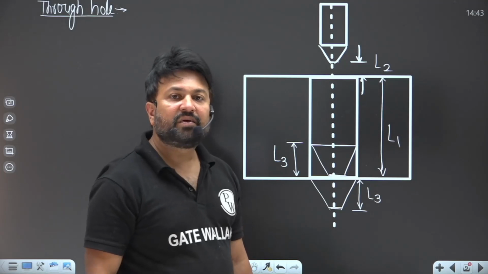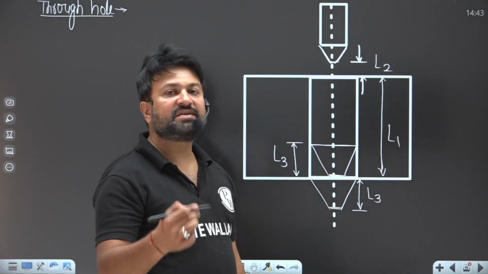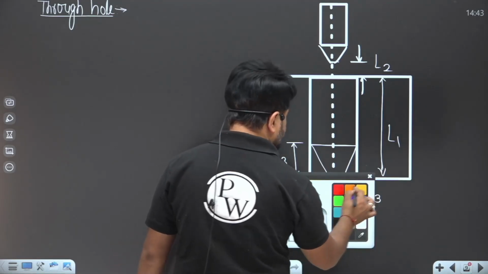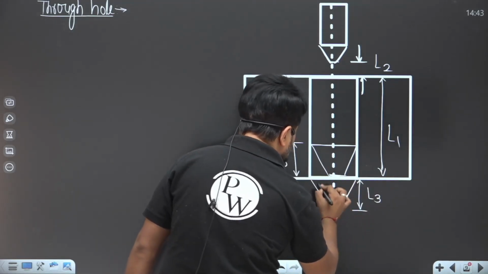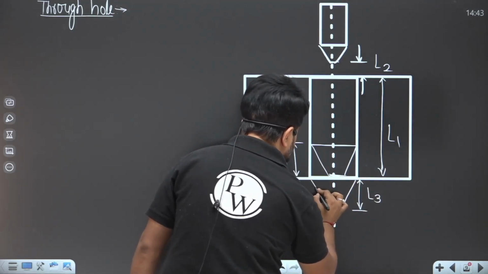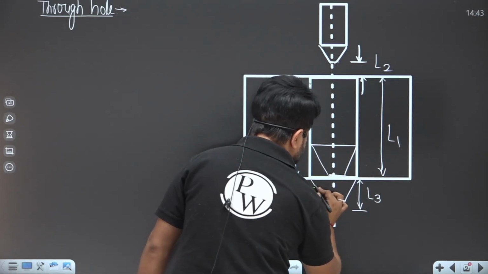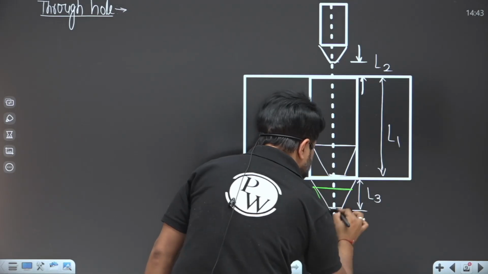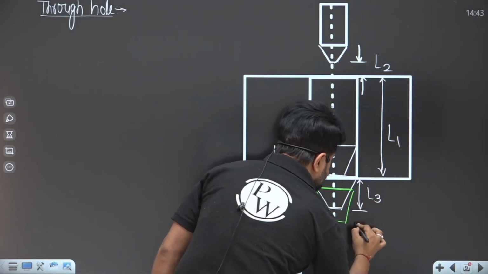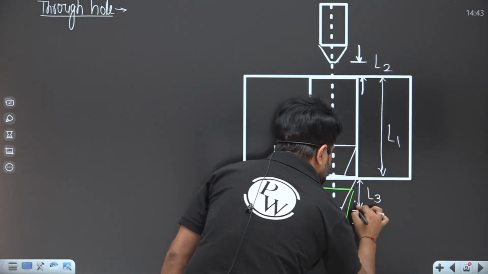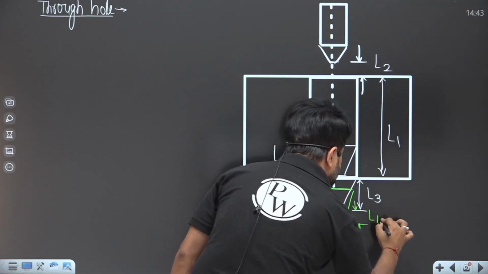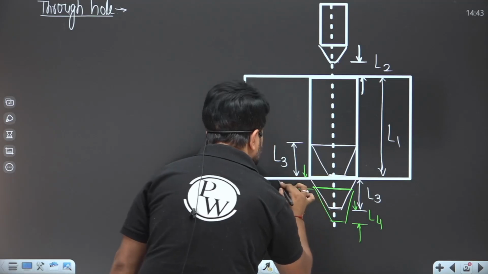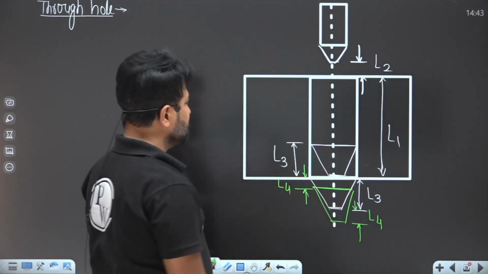But sometimes we over travel the drill to ensure that the through hole is completed. I'm talking about this distance, which is L4. So L4 is the over travel.